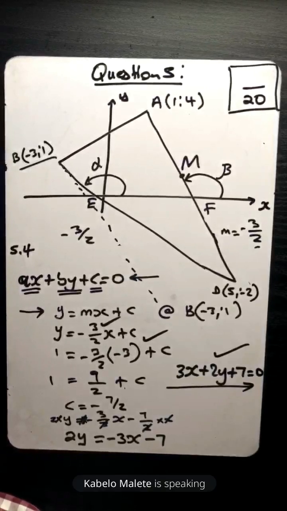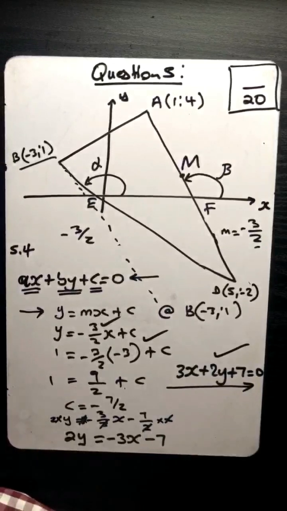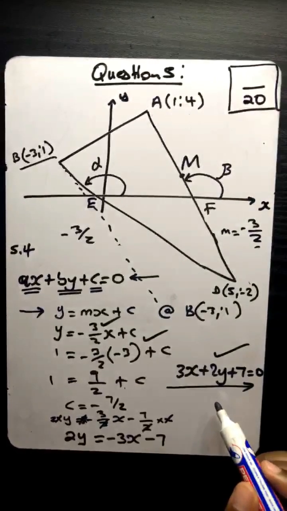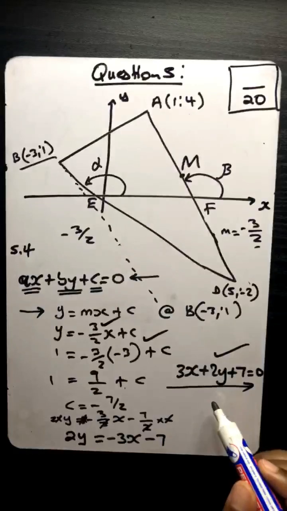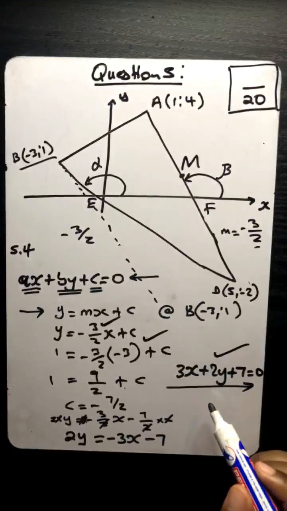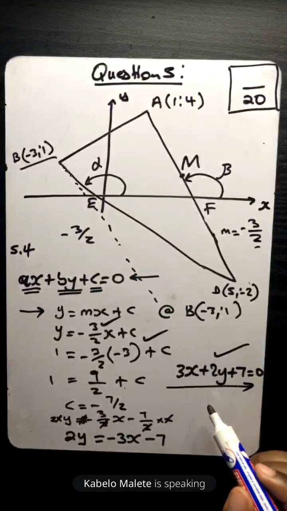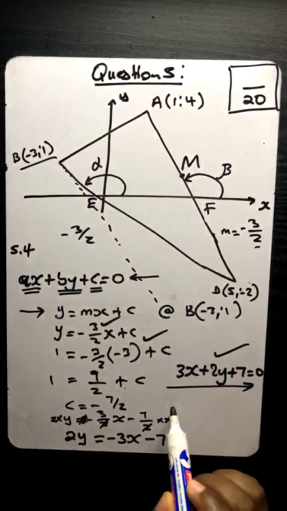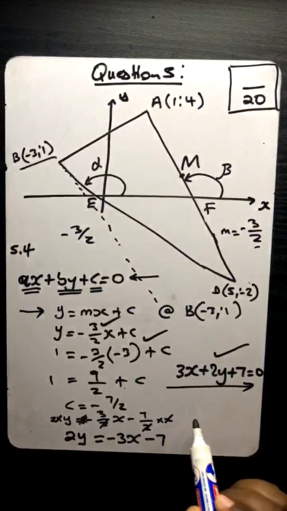Sir, I wanted to ask, is it also correct if I wrote it without multiplying by 2? Then what is it that you have written? So I did not multiply by the 2. Let me see, I understand, honorable member.